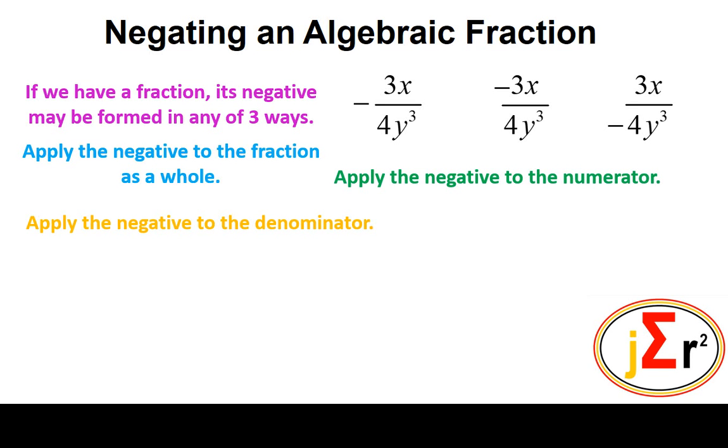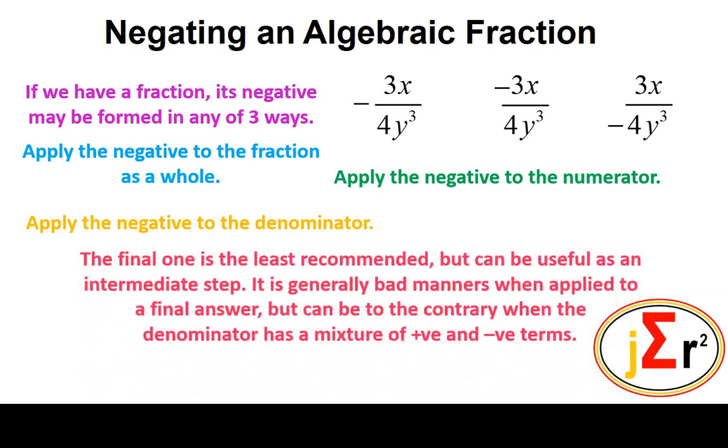So, in order to negate a fraction, we may apply the negative sign to the entire fraction, to the numerator of the fraction, or to the denominator of the fraction. All of these will have the same effect, and the effect is that the fraction will be negated.